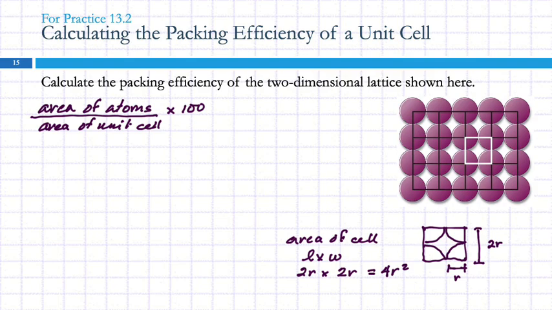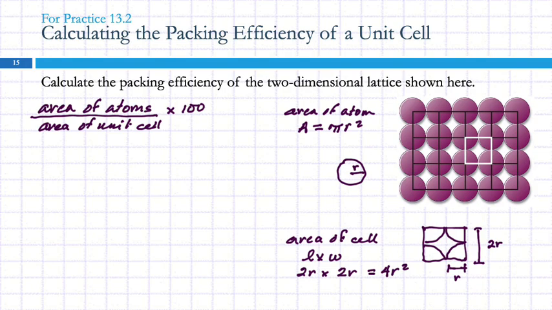And then I can calculate the area of the circle. So this is the area of an atom. Because for a circle, the area is equal to pi r squared. So this is r, the area there is just pi r squared.